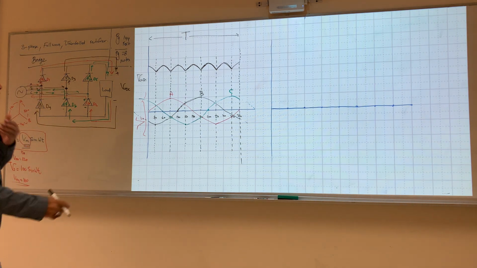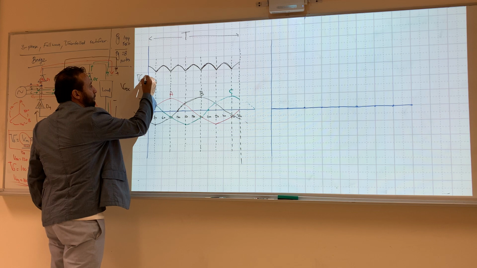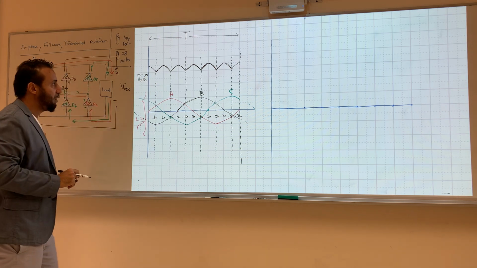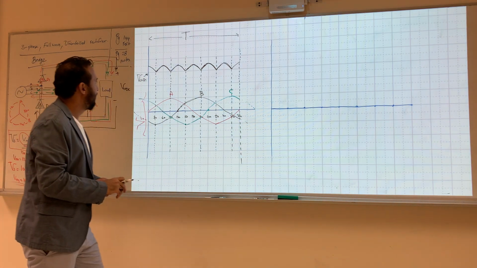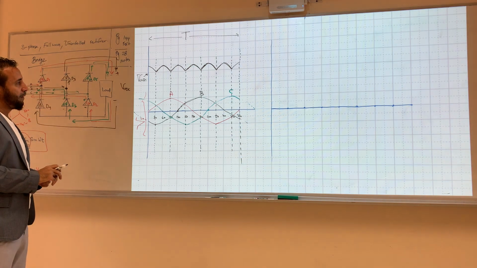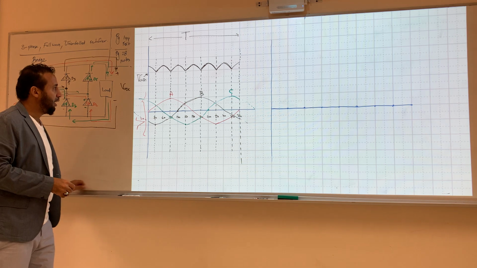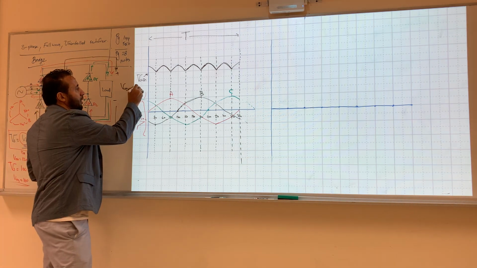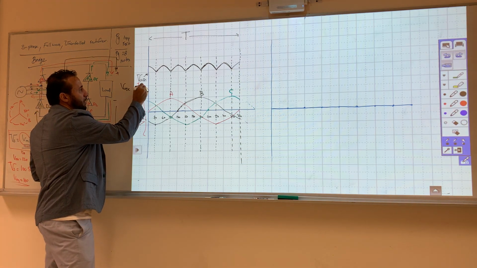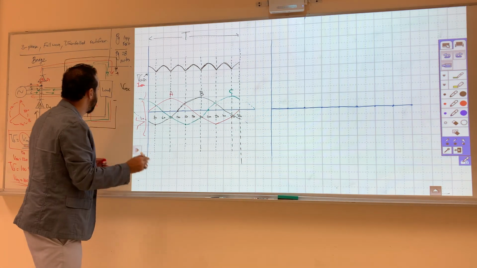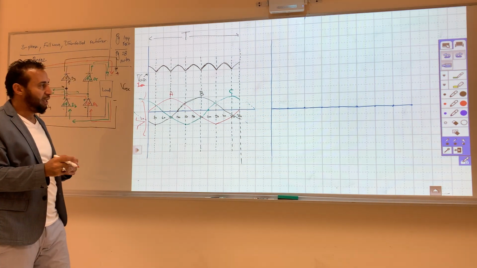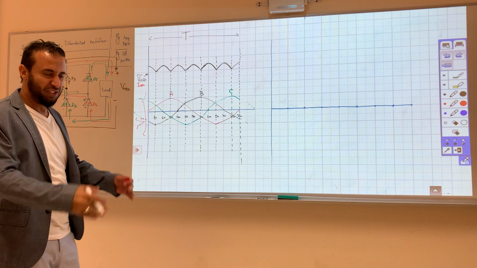Okay, so this is now V out DC, guys. This one here is V out DC. What will be the current? I out DC. It depends if the load is resistive or inductive.